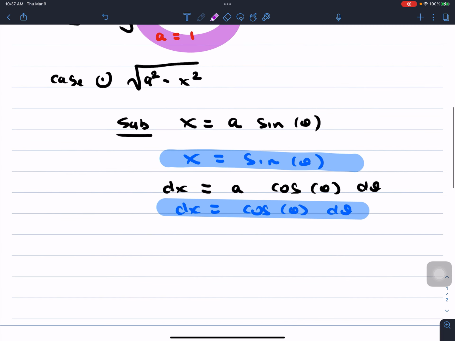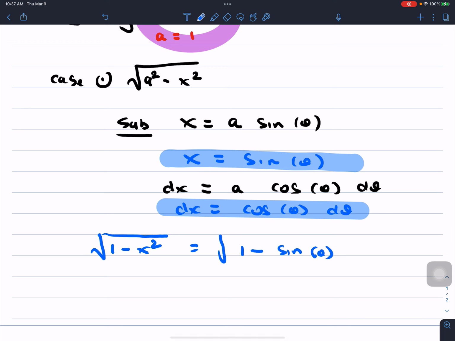Yes. Let's focus on the radical. Okay? So I want you guys to notice here, this radical is going to be what? 1 minus x squared. Is that true? Well, what happens with the x? You're letting x be sine theta. So that's 1 minus what? Sine squared theta. You guys okay with that?